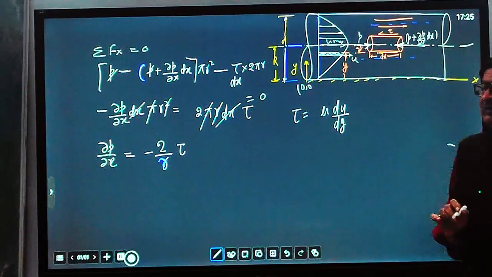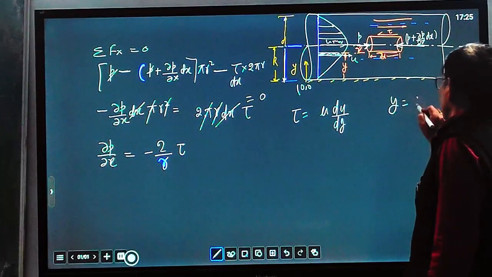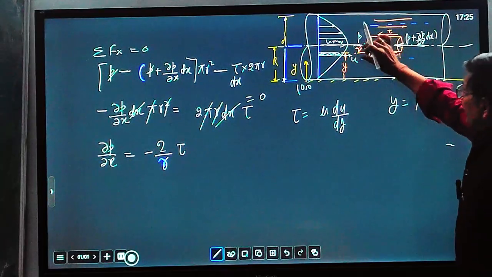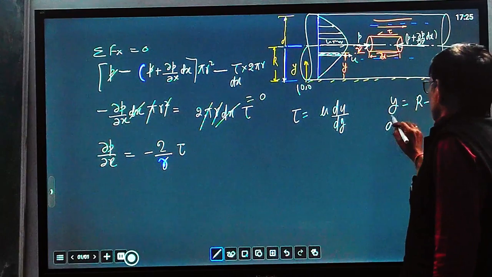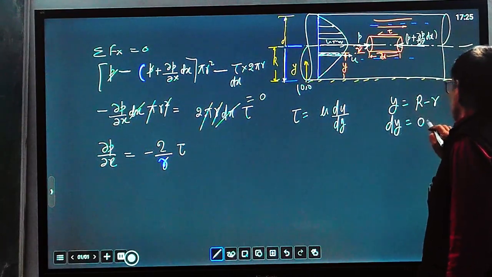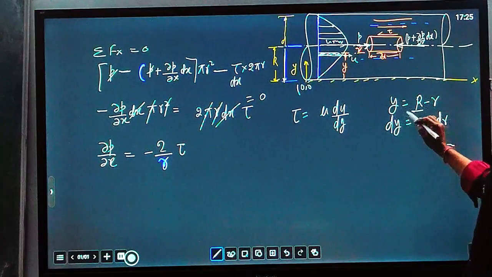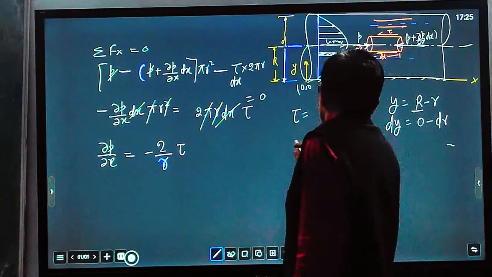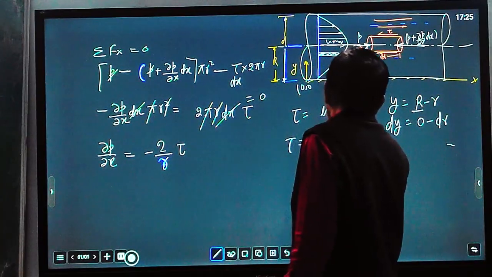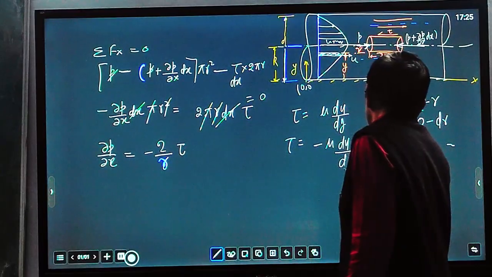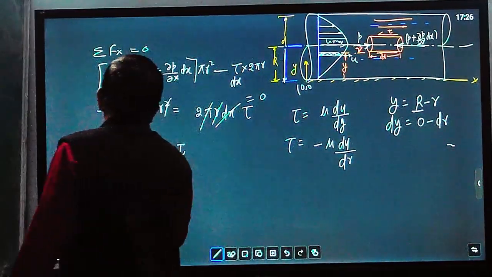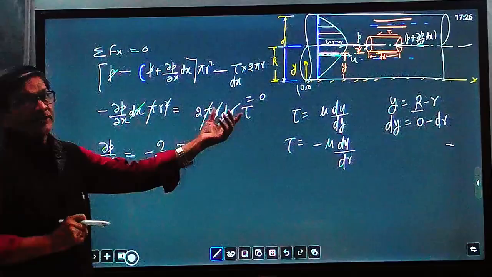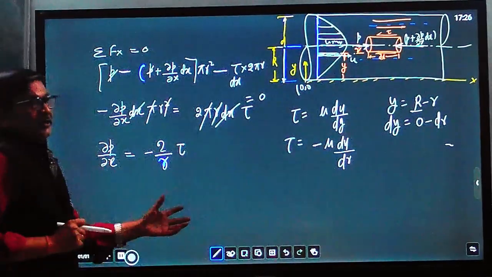u is the local velocity at this point, and dy is the distance. Here we can change this, because we know that y equals capital R minus small r. So dy equals 0 minus dr, because capital R is a constant, so its differential becomes 0. So you can replace dy by minus dr, and tau equals minus mu du by dr. Putting the value of tau here, and you know that the pressure gradient is a function of x only, so you can write the partial differential as an exact differential.